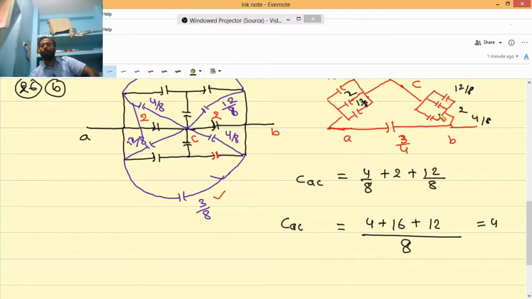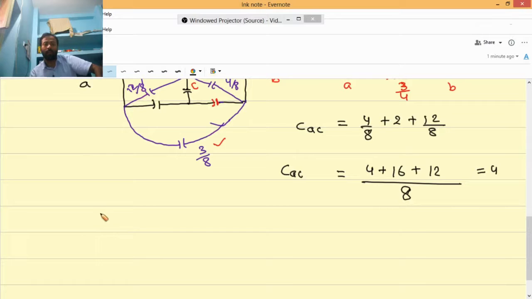Now what we can see here is 4 and 4 will be there. So these two branches are in series, so their equivalent C A to B will be, no, here it is not parallel, this is series. So this term is in series, so we will have this value here.